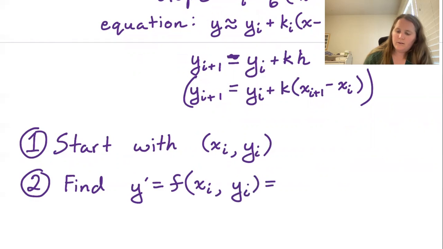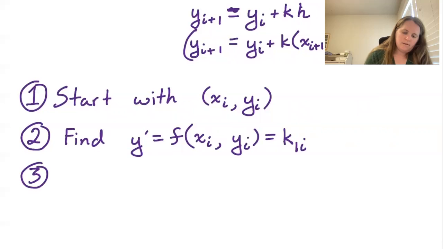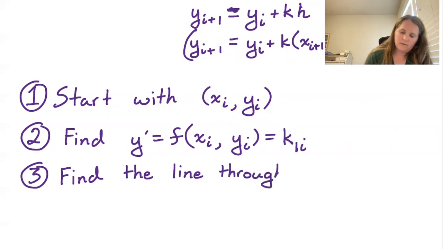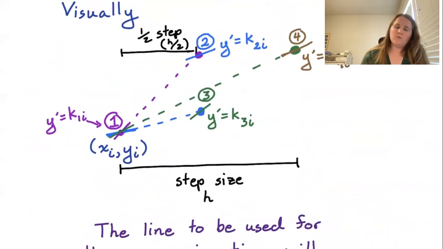And this we will call our k1i. Here we find the line through xi, yi with slope k1i. So that was our initial purple line we drew.